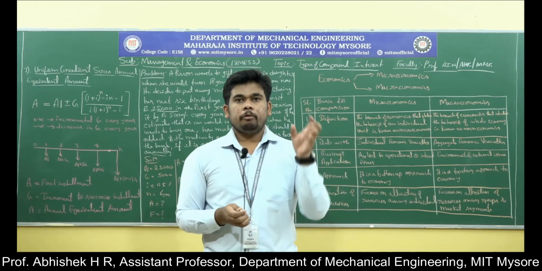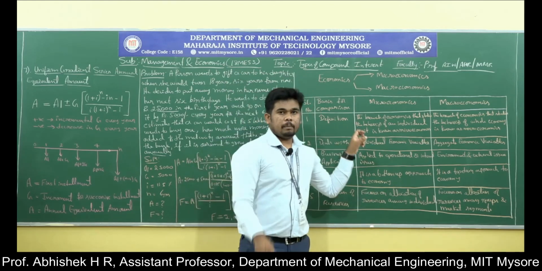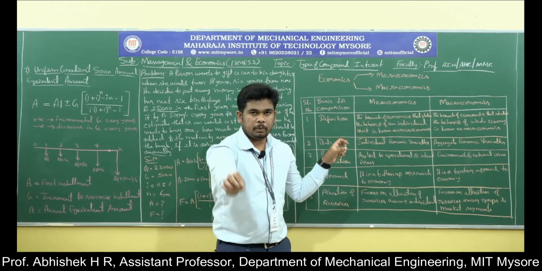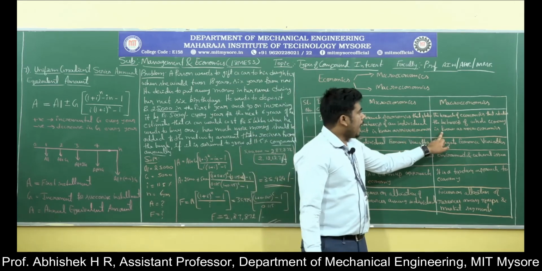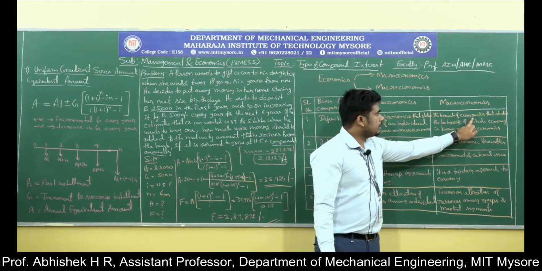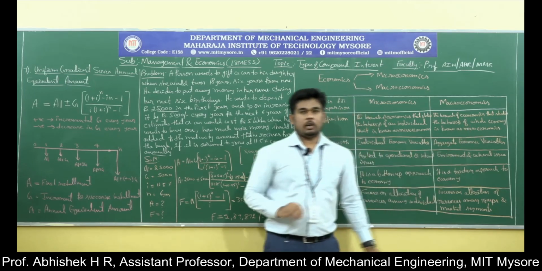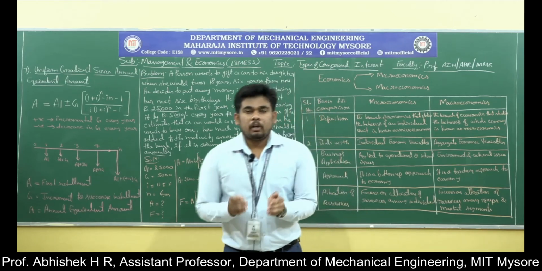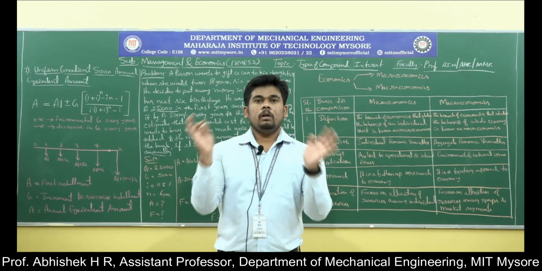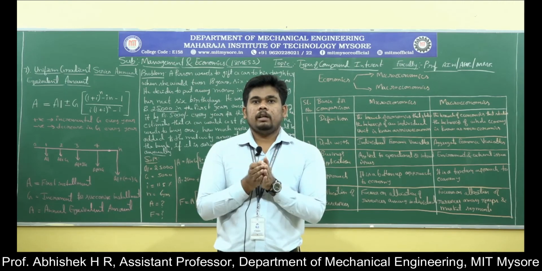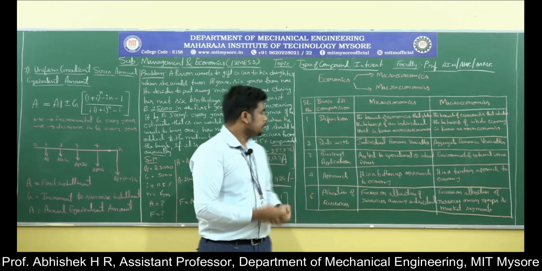If you focus on a particular individual thing and study the economical behavior of that individual unit, that is microeconomics. In the same way, macroeconomics is the branch of economics that studies the behavior of the whole economy. Macroeconomic studies focus on the whole economy of a particular country or nation.